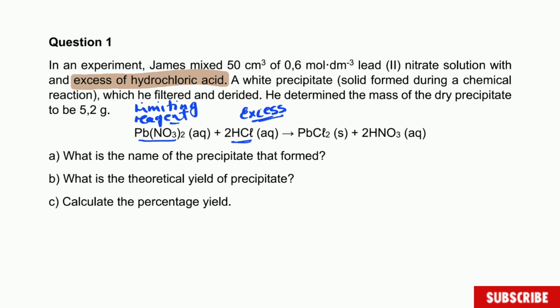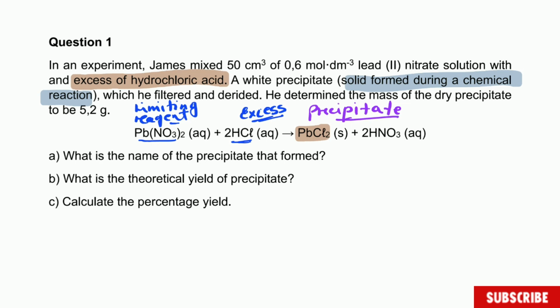A precipitate is a solid that forms during a chemical reaction. In other words, the precipitate is going to be the solid product. So this substance here is going to be the precipitate.